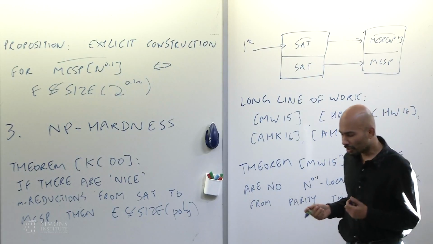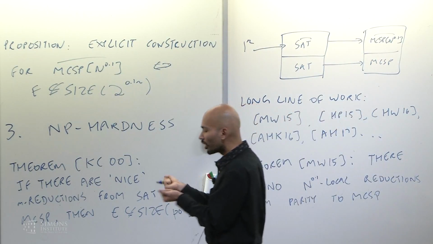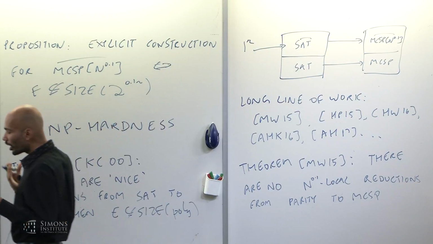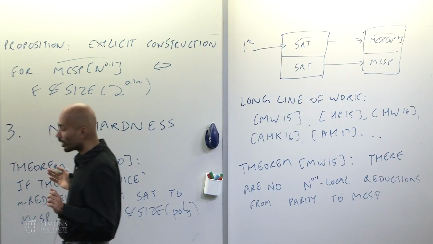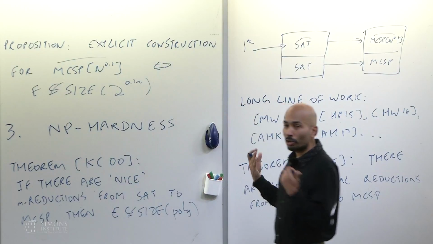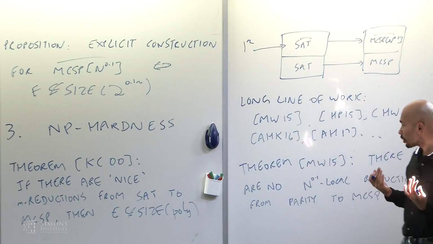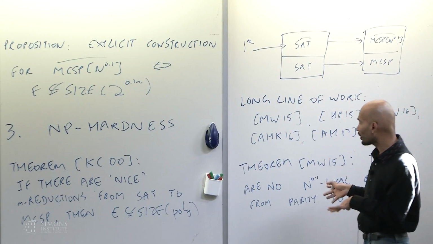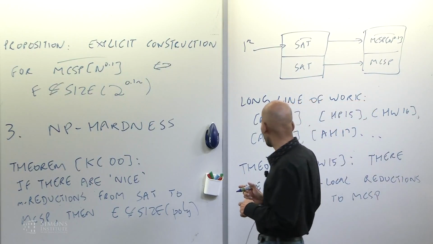So what's a local reduction? A local reduction is just one that looks at a few of the input bits, right? And in fact, almost all of the known NP-hardness results work under these local reductions, these d-log time uniform projections, where you only look at a few bits of the input and then you decide what the output bit of the reduction is.